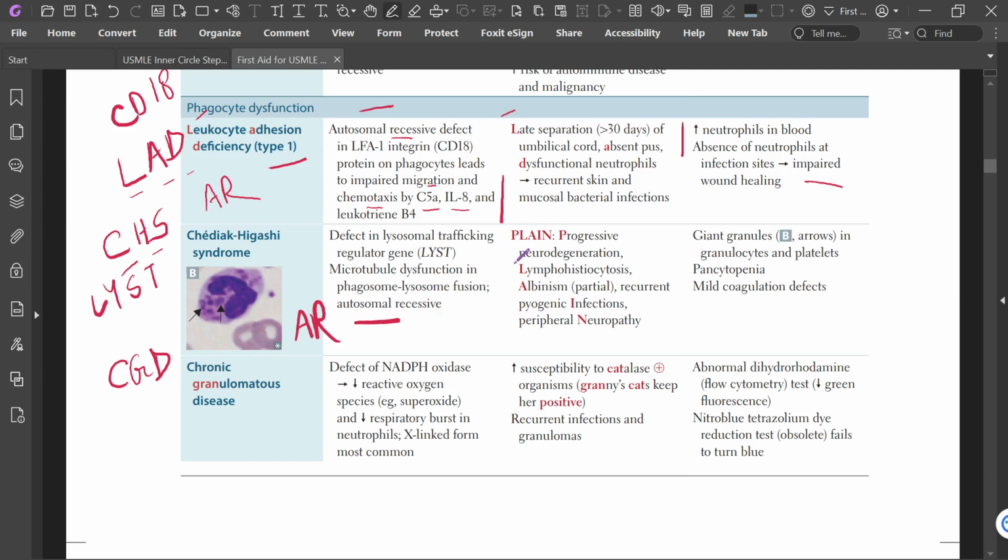In Chediak-Higashi, think about the plain road: progressive neurodegeneration, lymphohistiocytosis, oculocutaneous albinism, very classic, recurrent pyogenic infection, and peripheral neuropathy.